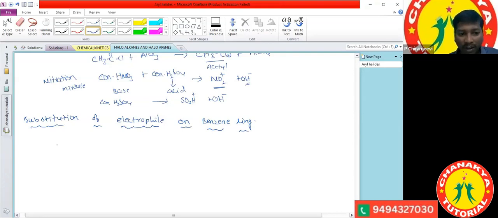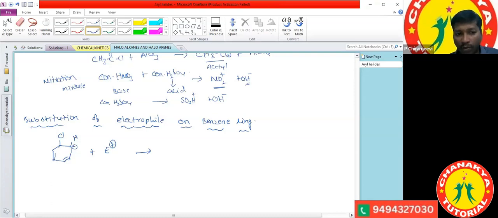To make it clear, we get a structure like this. Here a double bond is there, here a double bond, here chlorine is there. When the pi electrons are shifted, here hydrogen is there and we get a negative charge. This negative charge attaches with E plus, which is the electrophile. You can take any electrophile.